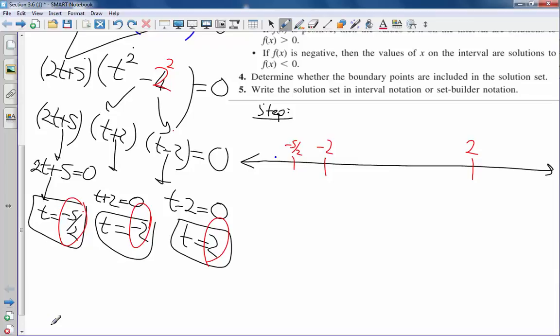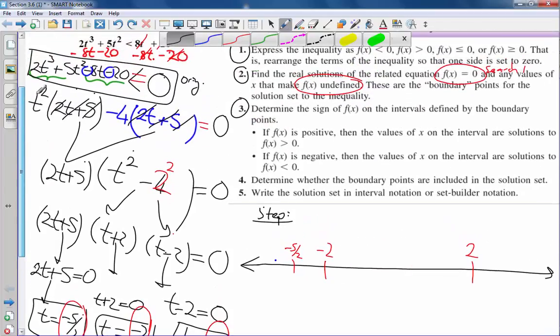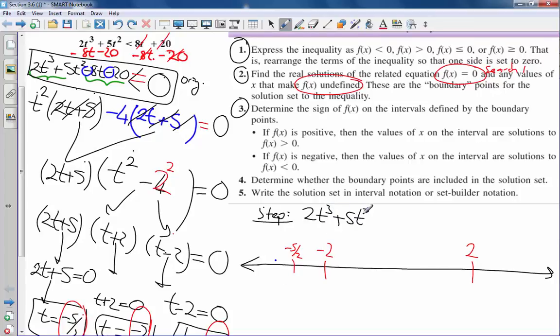Yeah, any ideas? I need to figure out, okay, here's your function. Take the original expression right here, 2t cubed plus 5t squared minus 8t minus 20.